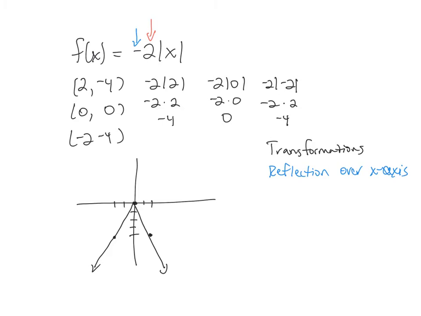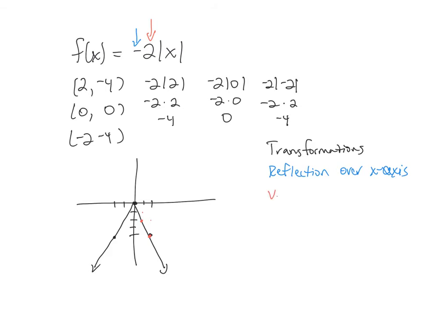Because of the reflection, instead of over 1, up 1, we would go over 1, down 1, or over 1, down 2. Well, it's going farther, right? The point ended up, instead of 1, it went 2. Instead of 2, it went 4. So it's getting farther away from the x-axis.